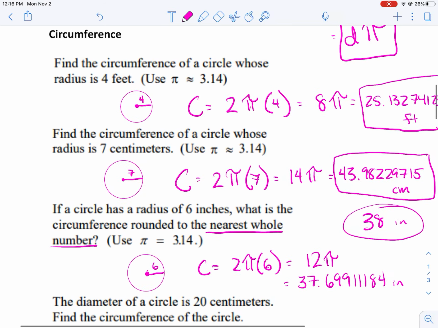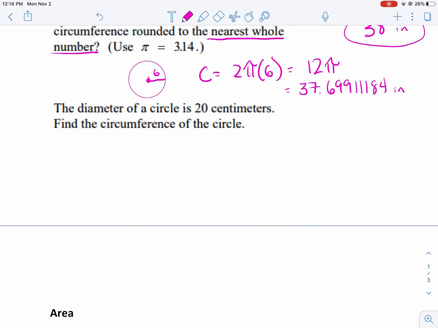All right, let's keep going. Oh, this one, they gave us the diameter. Well, your diameter is twice your radius. Radius is 1/2 your diameter. So in this case, all I need to do is go pi times the diameter, which is 20.